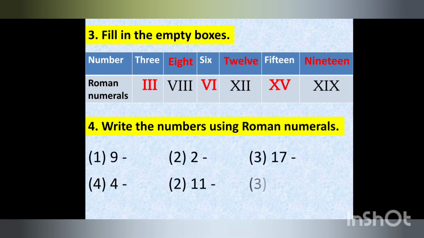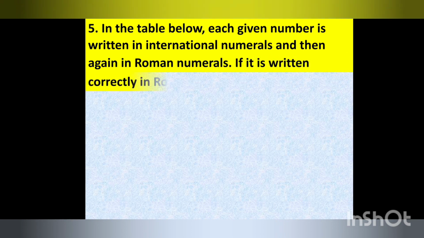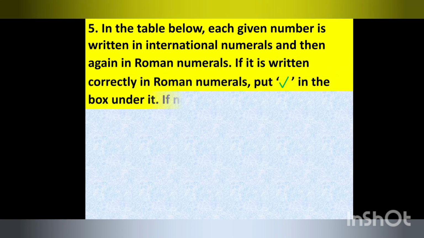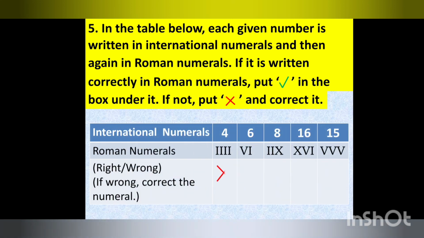Fourth, write the numbers using Roman numerals. Fifth, in the table below, each given number is written in international numerals and then again in Roman numerals. If it is written correctly in Roman numerals, put a tick in the box under it. If not, put a cross and correct it.